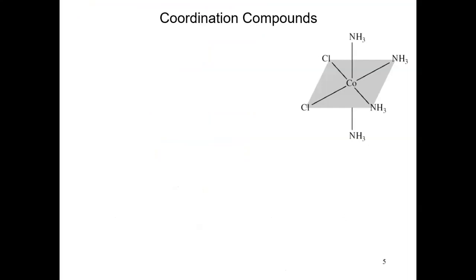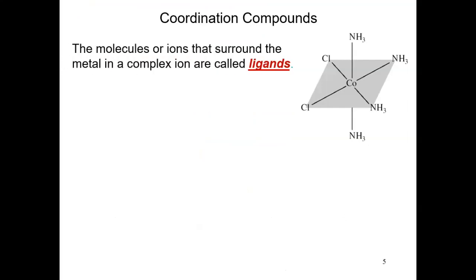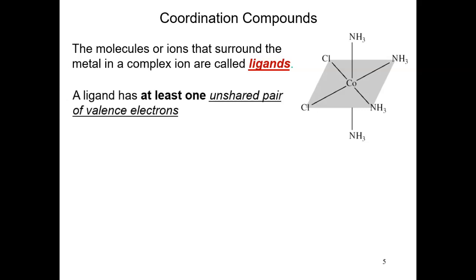Now, remember that the molecules or ions that surround the metal, the ones that are directly linked to it, we call them ligands. The characteristic of a ligand is that it has to have at least one unshared pair of valence electrons. So things like water, ammonia, chloride ions, even carbon monoxide, all of which have lone pairs on one of their atoms, can serve as ligands.